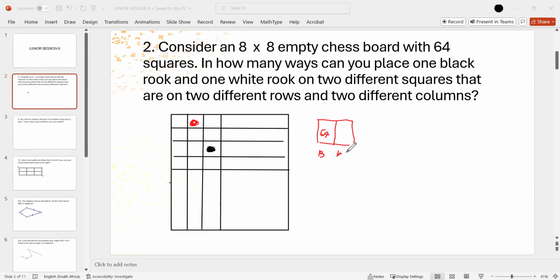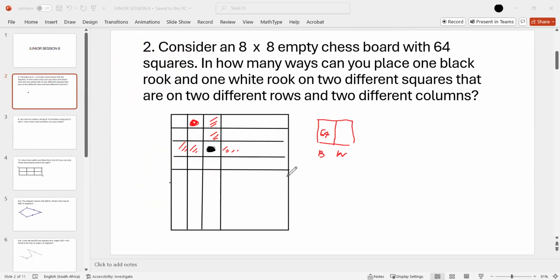And for the white rook, now you're not allowed to put the white rook anywhere on this column or on this row. So how many squares are you not allowed to put it in?